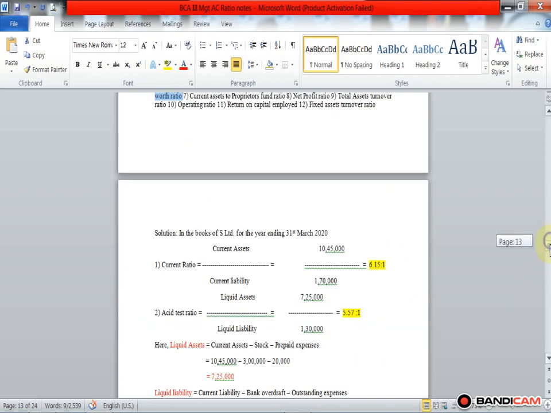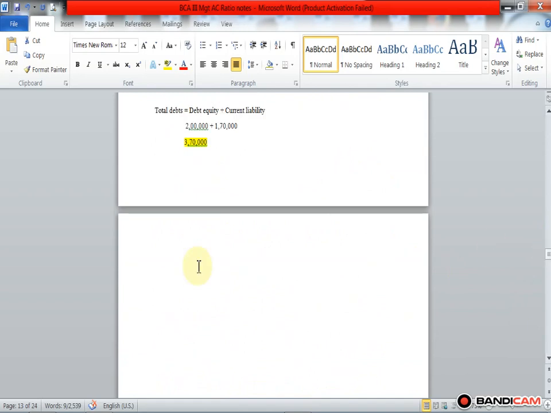The formula of calculating the fixed assets to net tangible or net worth ratio is equal to fixed assets divided by proprietors fund or net worth, or capital.